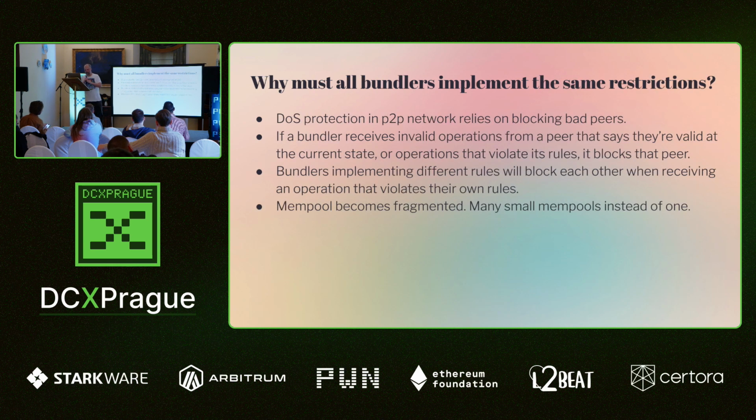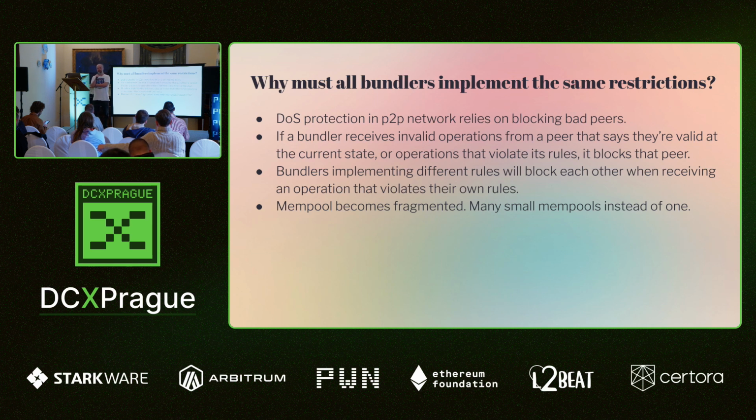Right, I'm skipping a bit, but why do all the bundlers need to implement exactly the same protection? Technically, you could have slightly different rules that still achieve the same level of protection. So the reason to have this as a standard where everyone enforces the same rules is related to another form of DOS against the network.